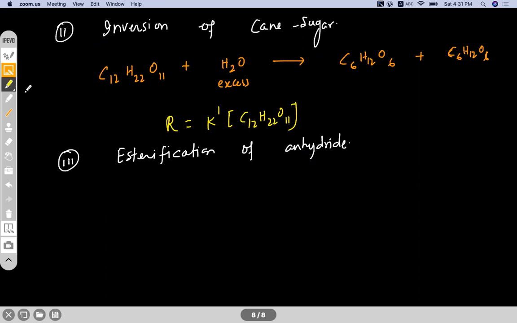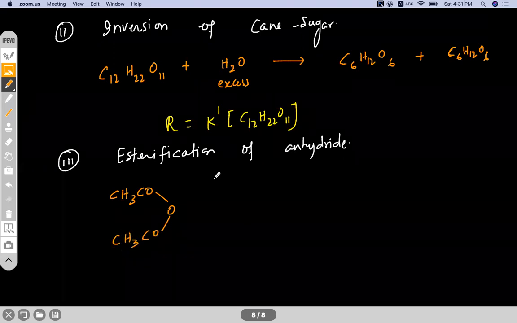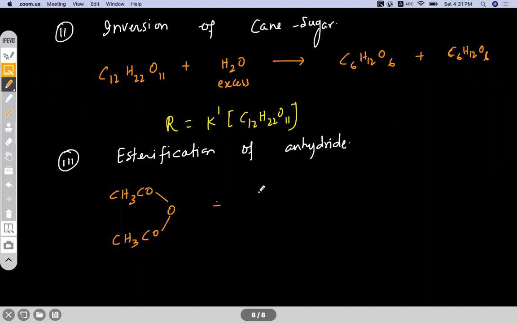So the reaction here is CH3CO-O-COCH3 plus C2H5OH, alcohol we are taking in excess.